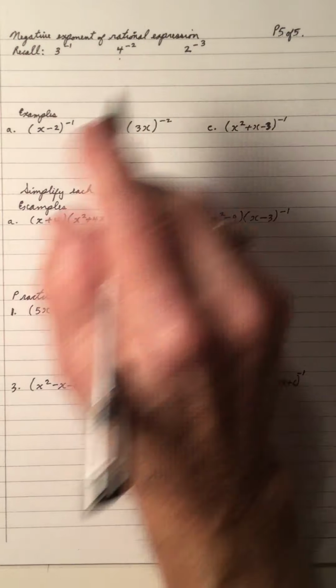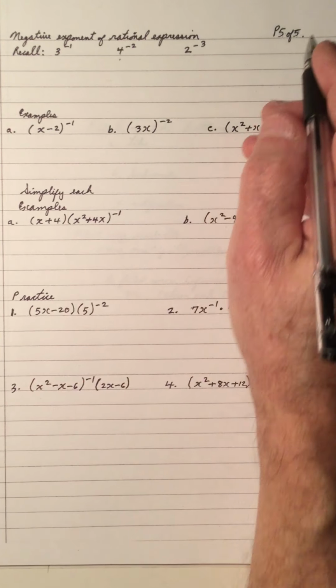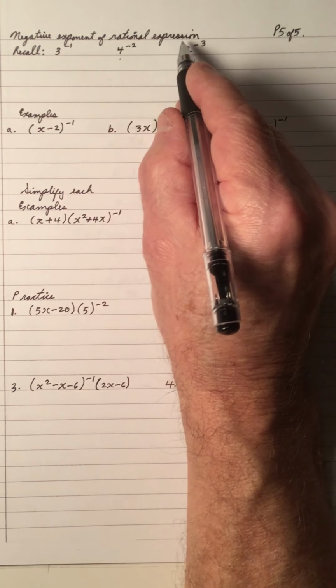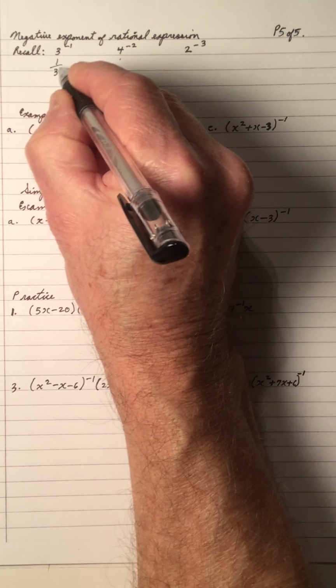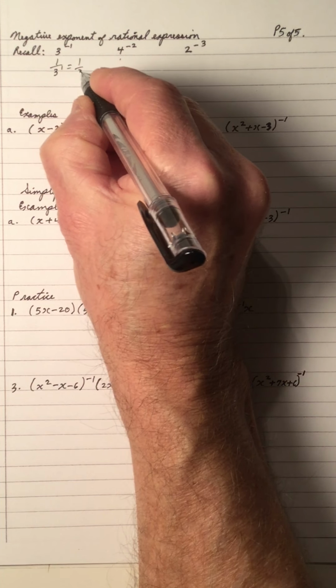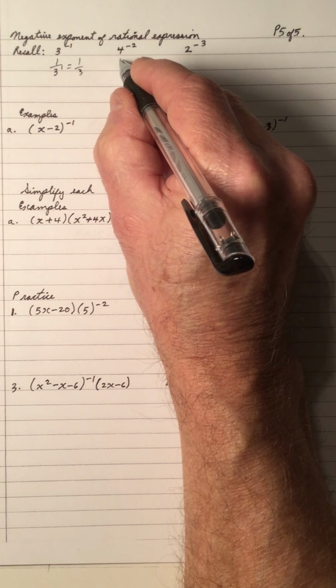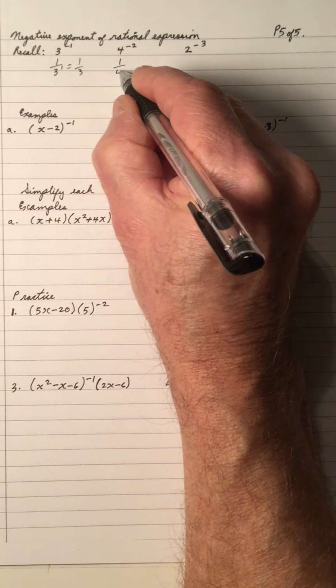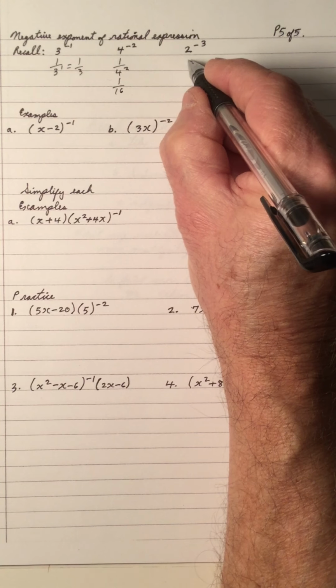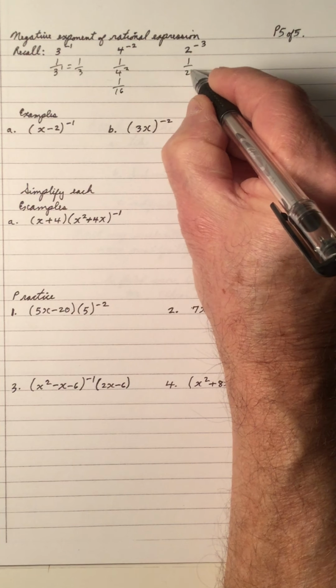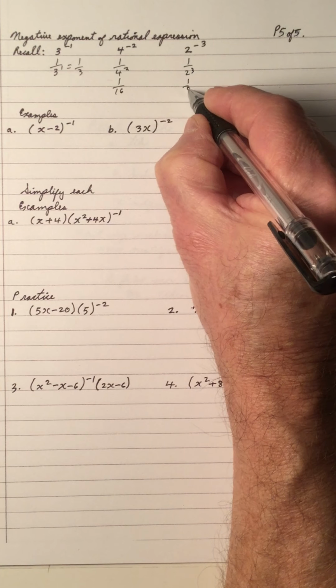So what we're dealing with now is some negative exponents, just to review. Negative exponents on rational expressions. Notice that 3 to the negative 1 is 1 over 3 to the 1, which is 1/3. 4 to the negative 2 is 1 over 4 squared, which is 1 over 16. 2 to the negative 3 is 1 over 2 cubed, which is 1/8.